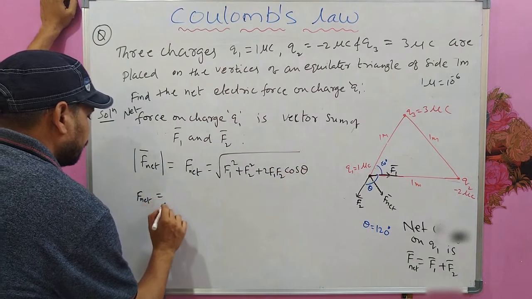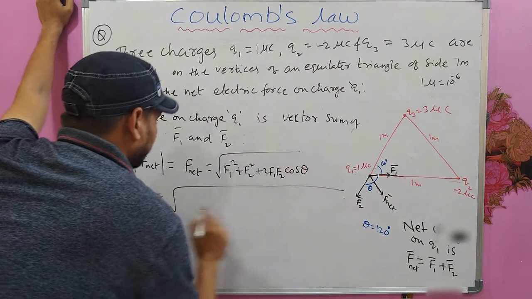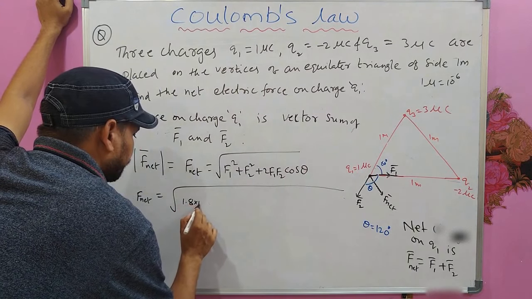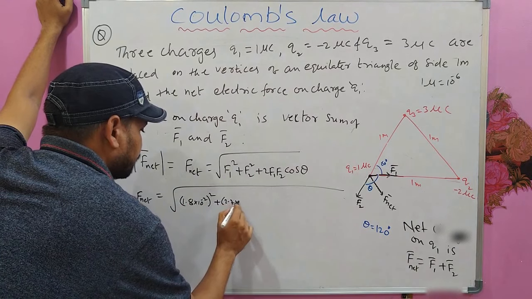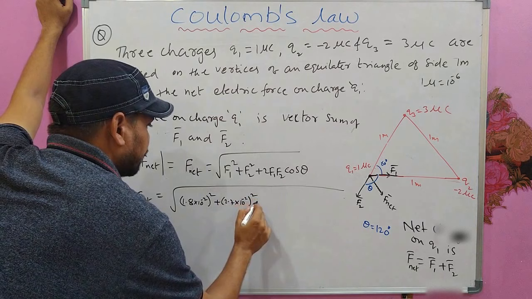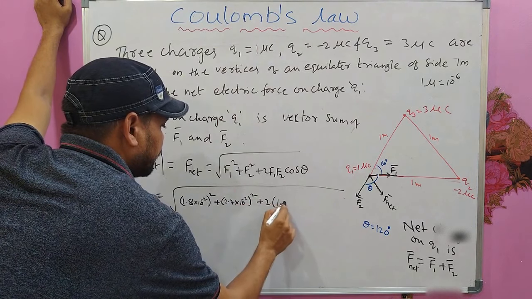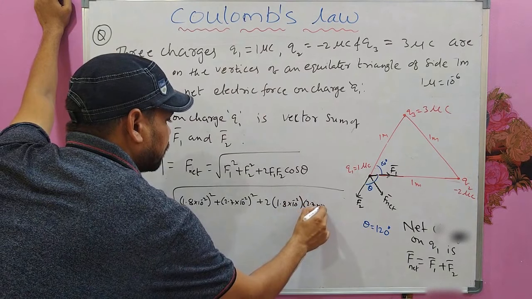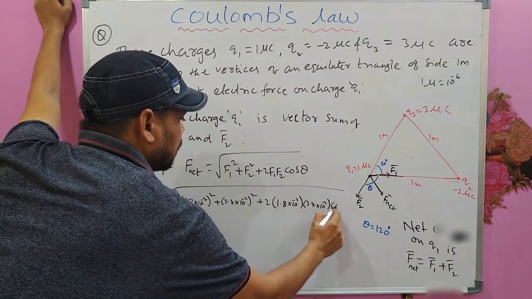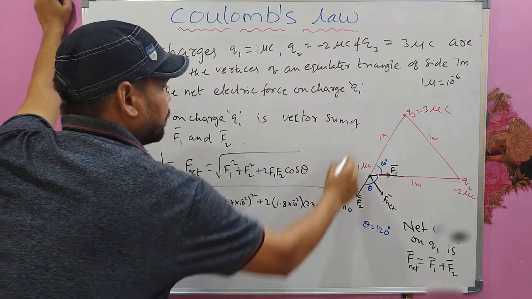F net equals under root of 1.8 into 10 to the power of minus 2 whole square plus 2.7 into 10 to the power of minus 2 whole square plus 2 into 1.8 into 10 to the power of minus 2 into 2.7 into 10 to the power of minus 2, cos theta, and theta is 120.